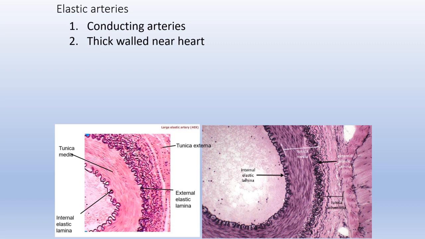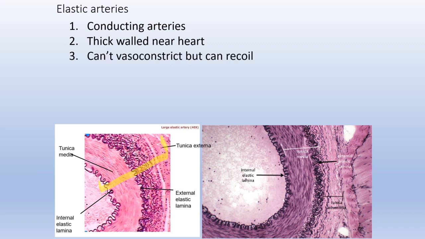Elastic arteries, like the aorta, have an incredibly thick wall, especially those like the aorta that are near the heart. And this is because as the heart pumps, it increases pressure to 120. And these arteries near the heart don't want to have like a blowout. They have to be able to take that pressure.